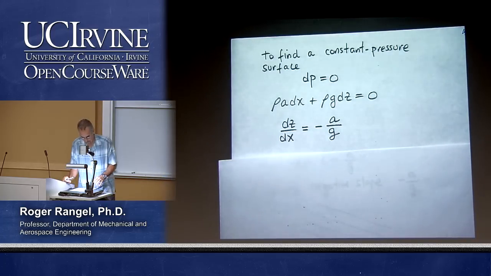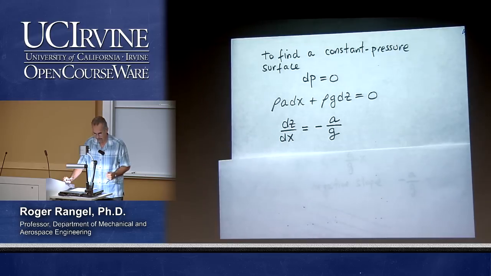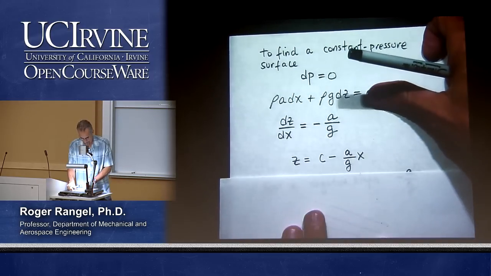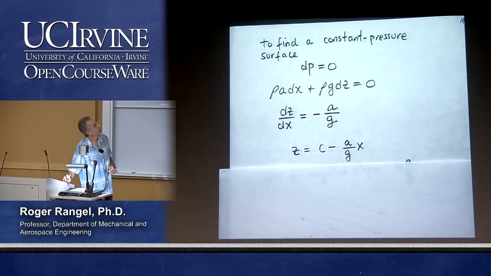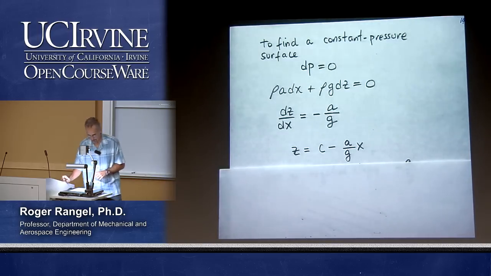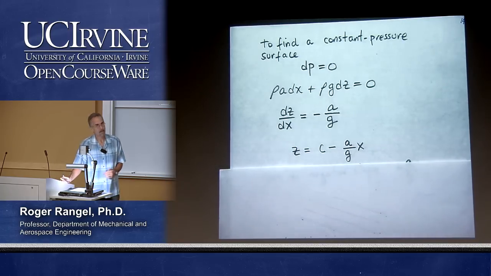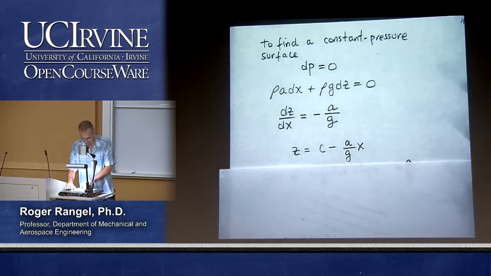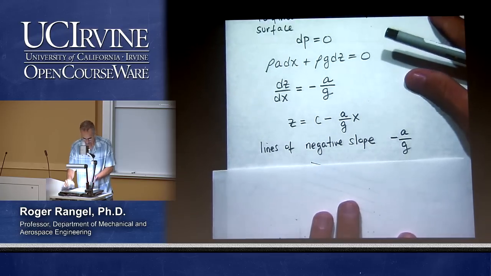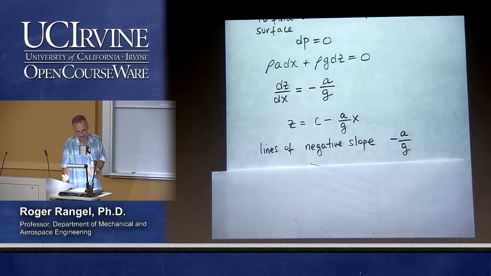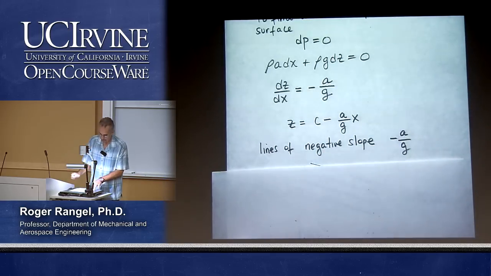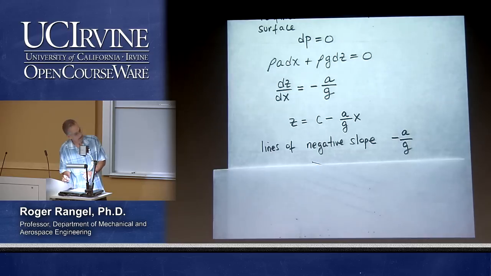So if I simply solve for that, dz over dx is minus a over g. That is nothing but the slope of those lines. I can integrate it if I want to find actually the equation of those lines. So if I integrate this, I get a constant minus a over g times x. And of course, those are straight lines. They are straight lines, and they have a negative slope, which is equal to minus a over g.